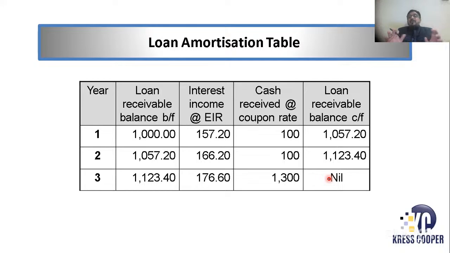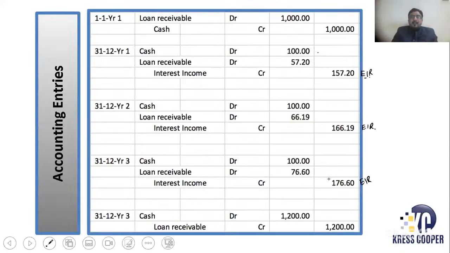So this is known as amortized cost method using EIR. The accounting entries are pretty easy to understand. Loan receivable, debit, cash, credit, you would be receiving cash 100, income 157. The difference is taken to receivable.